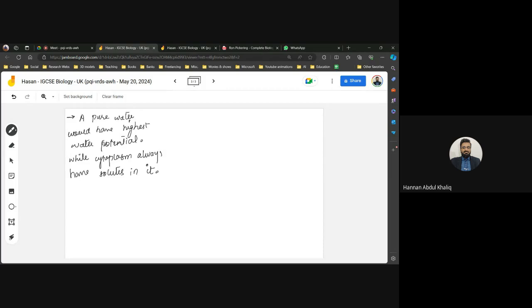Let's talk about a potato. Suppose that you have 3 potato strips, equal size, equal shape, equal length, everything equal. Always remember that a potato is not a simple thing. The potato always has cells in it.